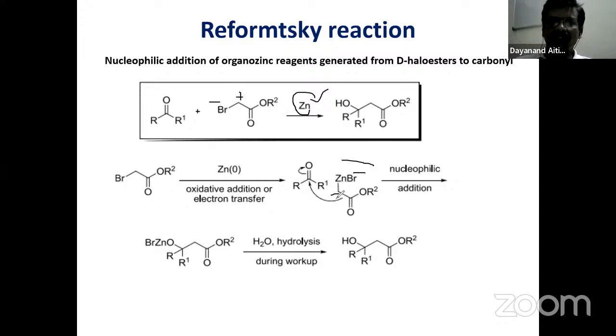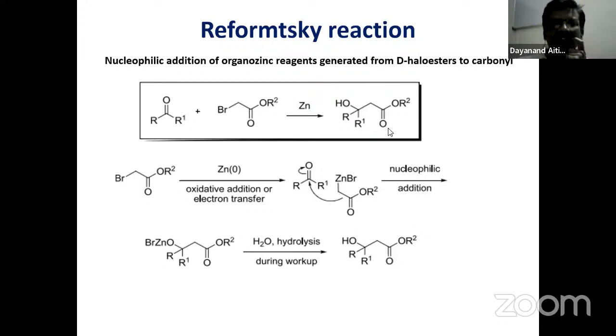This nucleophile part is bonded in the nucleophilic addition step, which is a very important step, followed by hydrolysis. In this hydrolysis, this OZnBr part is lost, and it is converted into an OH group. This is about the Reformatsky reaction, my dear students.